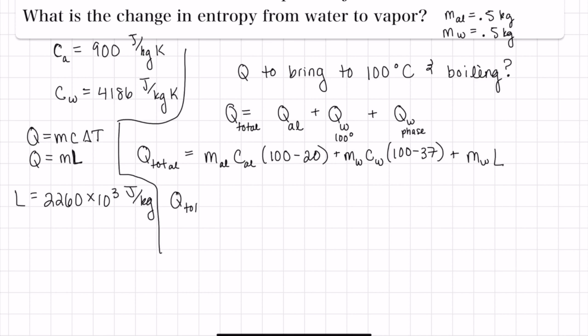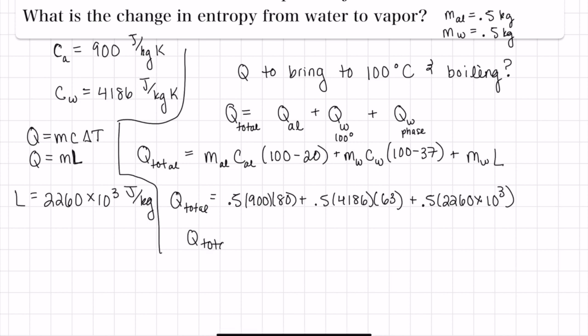So Q total is 0.5 times 900 times 80 plus 0.5 times 4,186 times 63 plus 0.5 times 2260 times 10 to the third. And all together, that's going to give me a heat of 1.3 times 10 to the sixth joules.